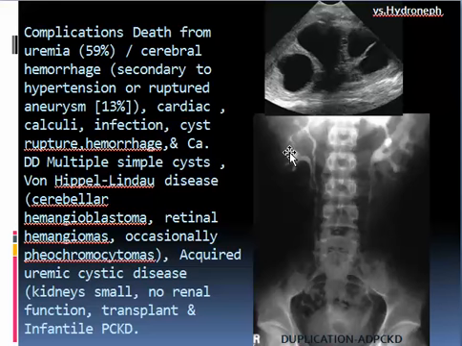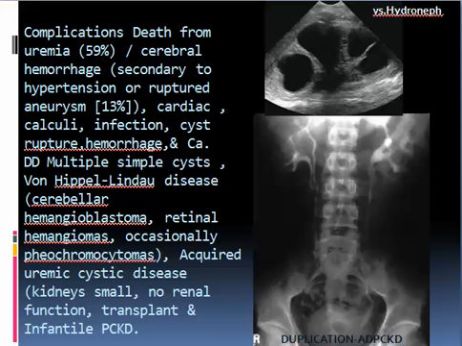Here you find the calyces stretched and the pelvis, the double pelvis, displaced. That means that there are multiple cysts here, enclosed within the calyces, which are splayed from each other, and this should be differentiated from hydronephrosis, and ultrasound can help you.